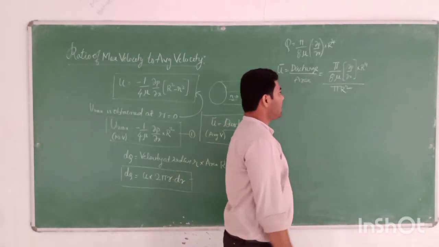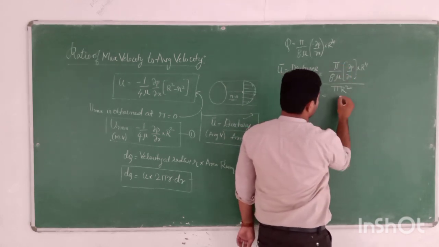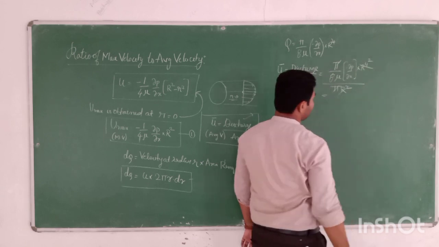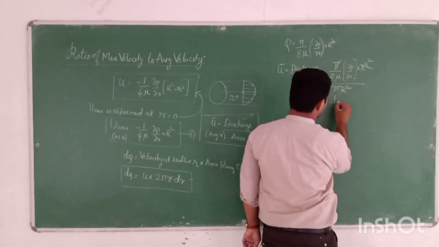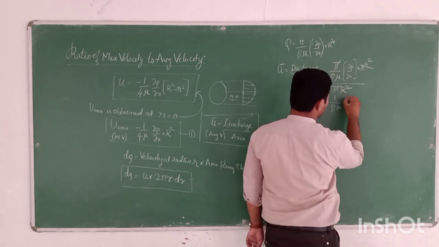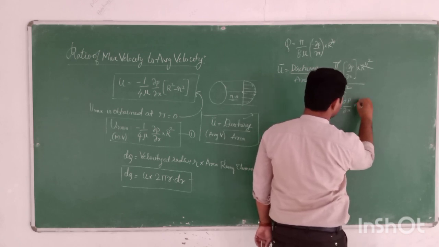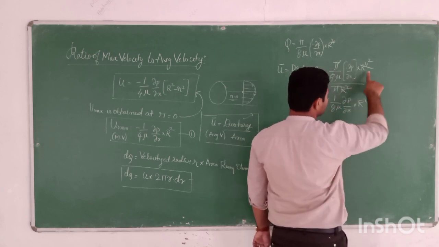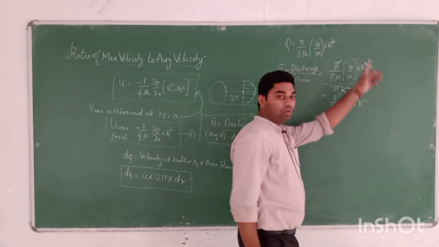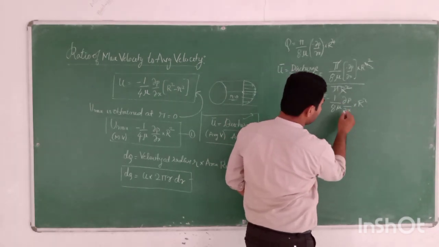Now when we cancel these values, what will we get? Pi cancels, and r squared cancels with r to the power 4, leaving r squared. So we get minus 1 by 8 mu dP by dx into r squared.